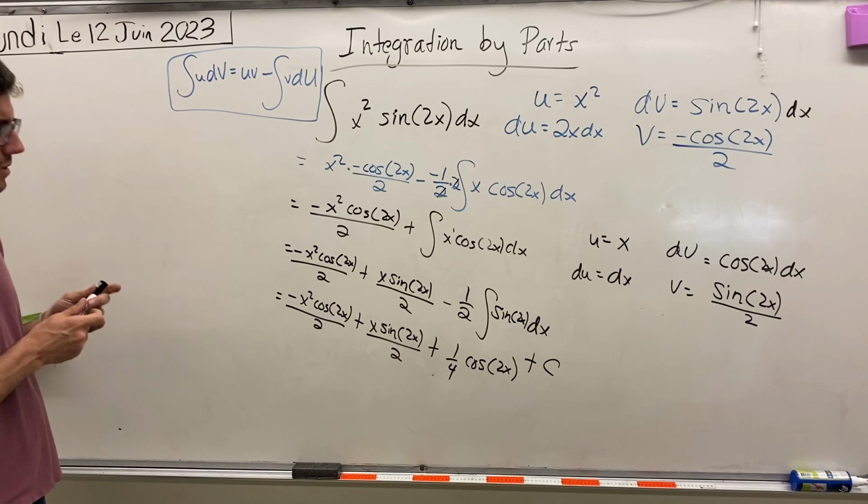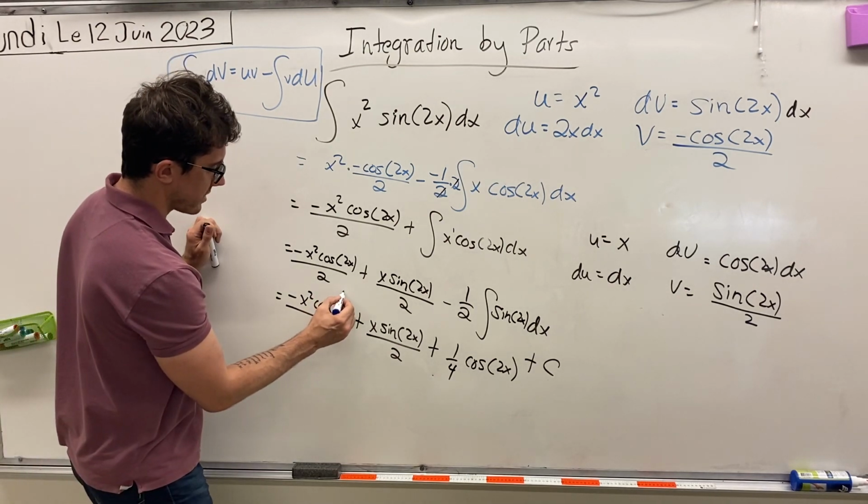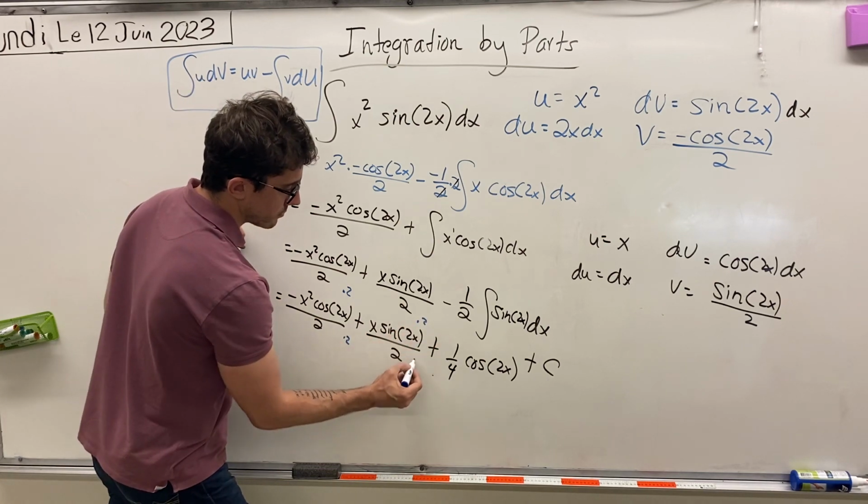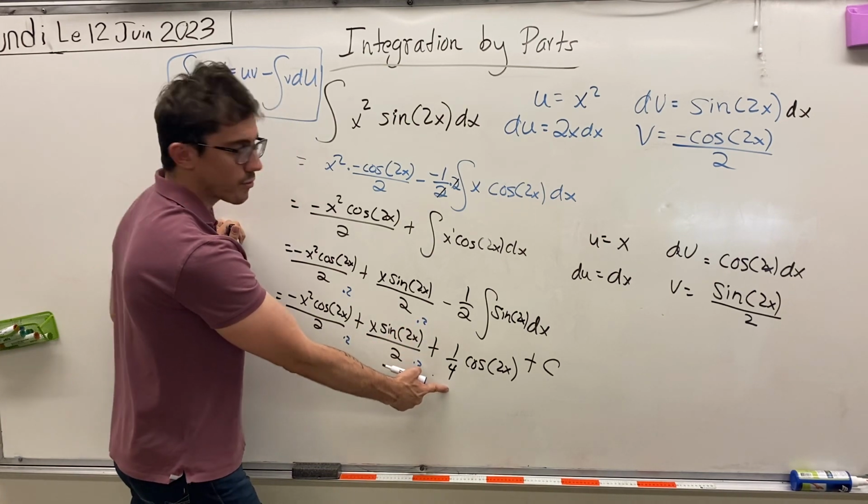If we wanted to get a common denominator, we could multiply all of this by 2 over 2, and multiply this by 2 over 2, since we have the denominator 4 here.